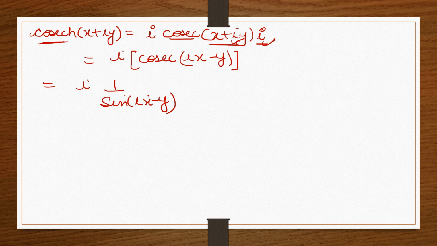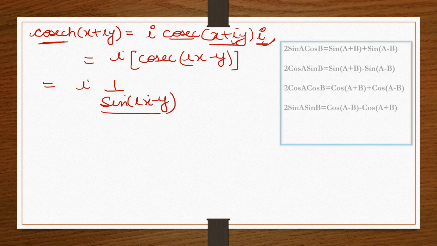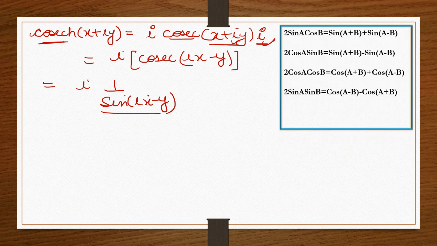Now after this, because we have sine of iota x minus y, we'll apply the same formulas which we used for tan and cot. Okay, so these are the formulas, right? Here we have sine in the denominator, so we'll change it to this form because we are left with only this option. As I told you, we have to convert the denominator to either this formula or this form.